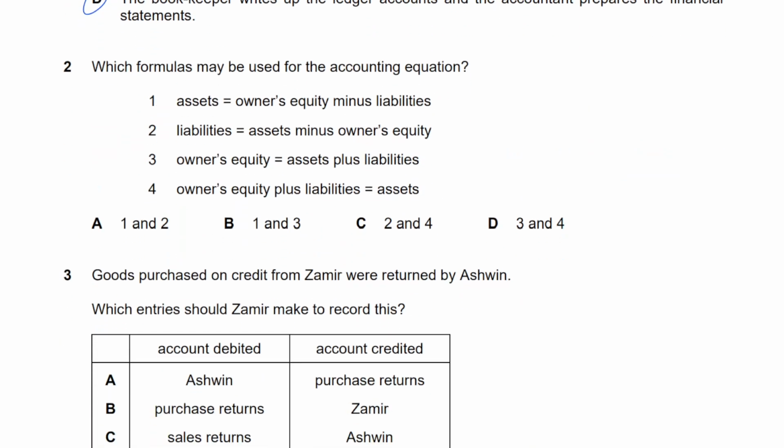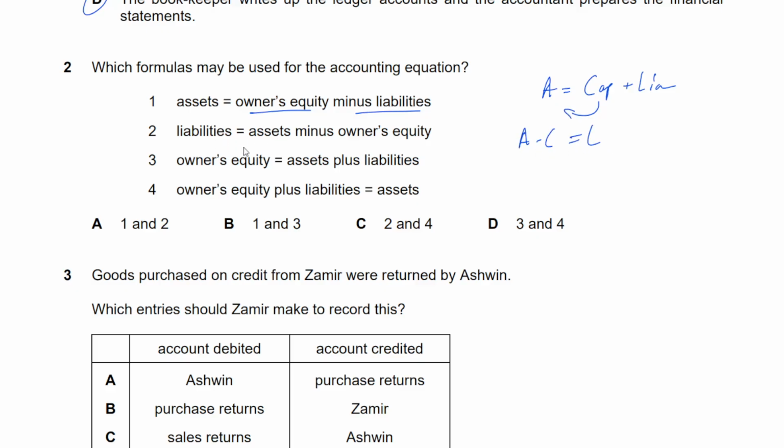Number 2, which formulas may be used for the accounting equation? Assets equal equity, meaning capital, minus liabilities. Wrong. The basic one is assets equal capital plus liabilities, and then there'll be different variations of that. Liabilities equals assets minus owner's equity, which makes sense. If we move that over, it's going to be assets minus capital equal liabilities.